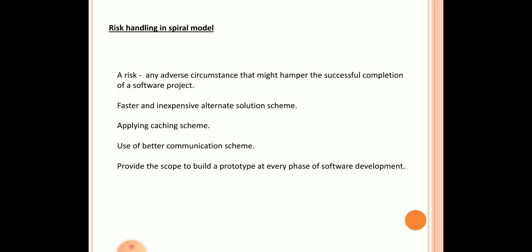And we can know unforeseen risk by developing a prototype at each and every phase. So it is said to be a good model in handling unforeseen risk.